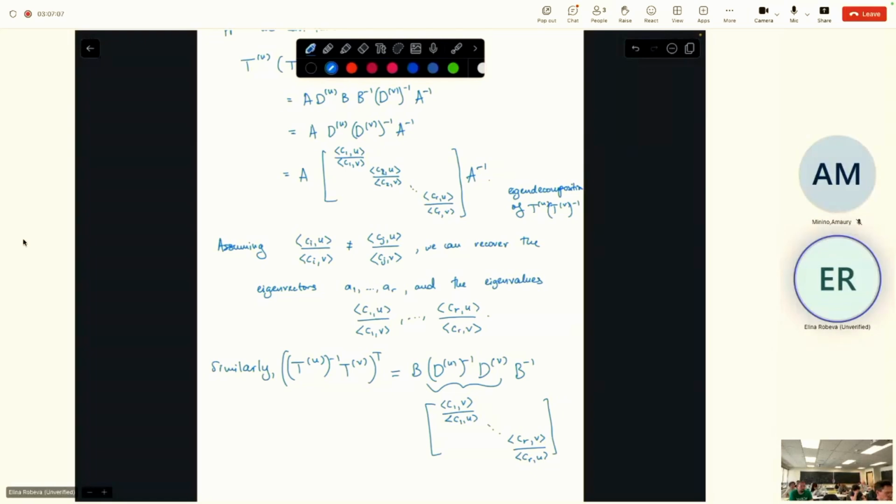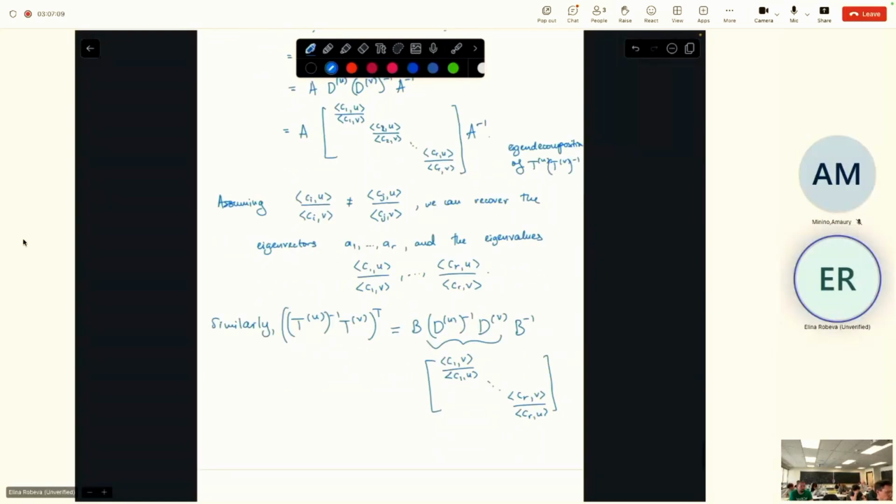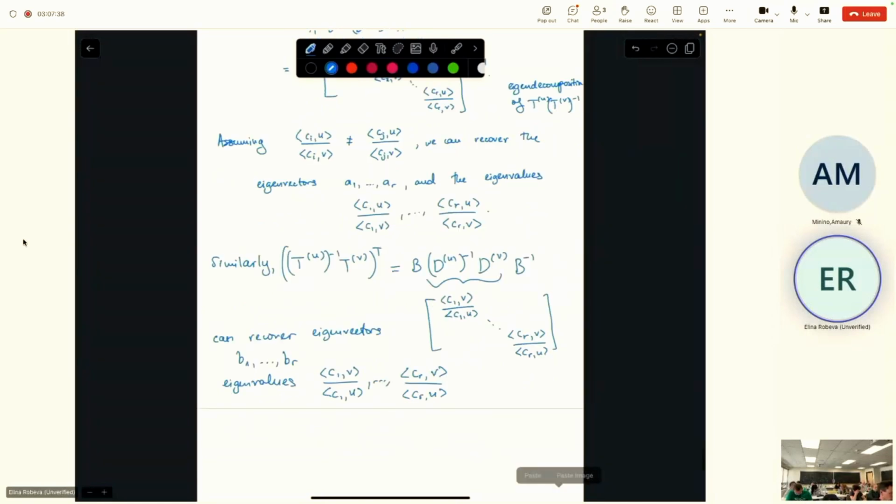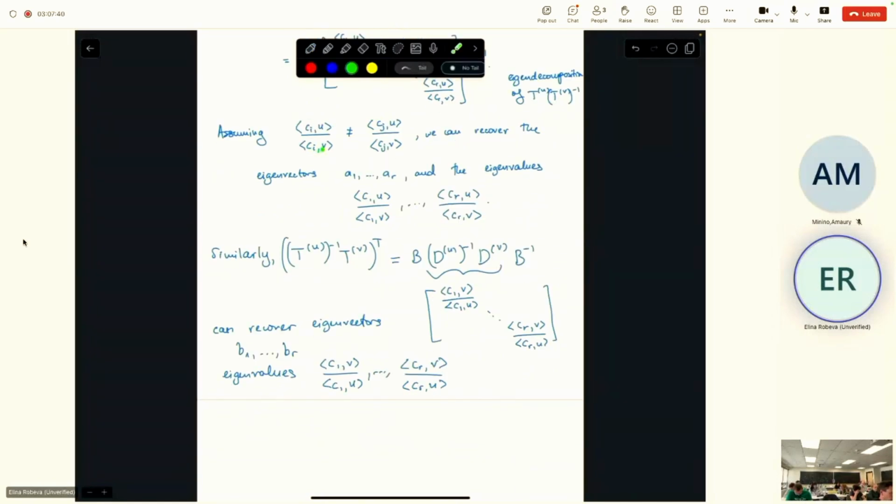And so we can recover the b_1 through b_r, the eigenvectors, and eigenvalues just from doing eigendecomposition, which are the reciprocals, and then making this assumption that these are distinct eigenvalues.